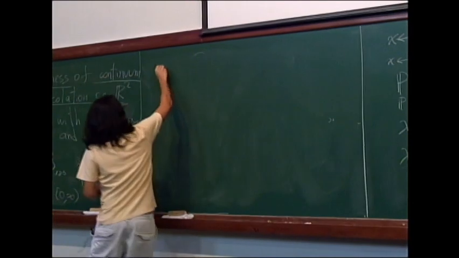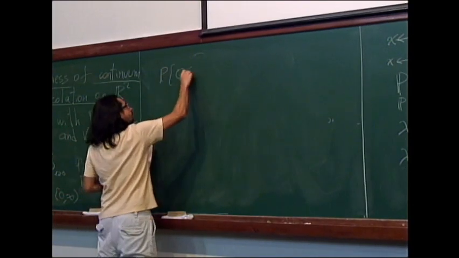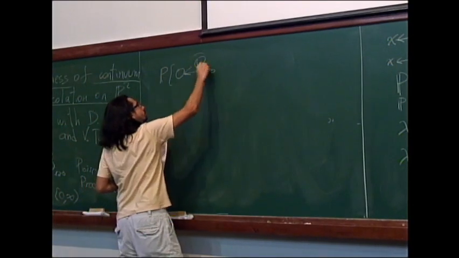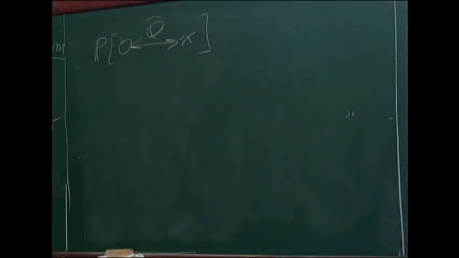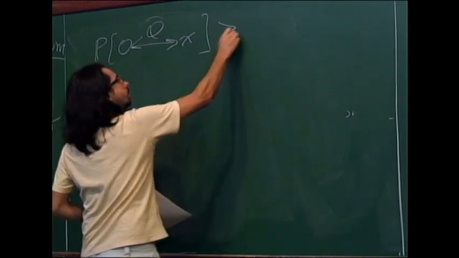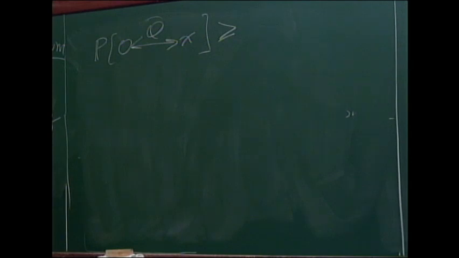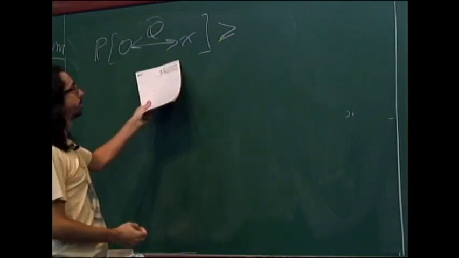So what's the probability that the origin is connected to X through the occupied set? Of course, you'll not be able to calculate this. It's too complex, but you can give lower bounds. This is at least the probability that one ball connects the origin to X. If one single ball touches the origin and touches X, this happened.